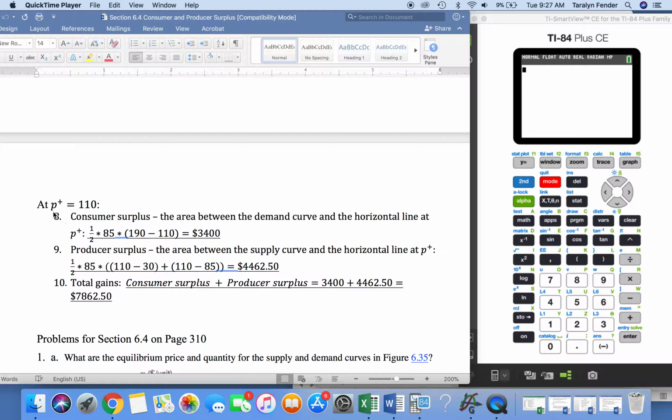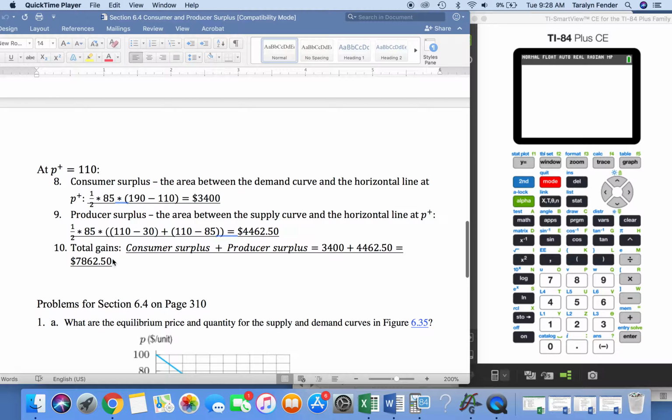Now, if we change it to $110, what does that do? Well, we saw that it changed our quantity to 85 instead of 100, so we have 1/2 times 85 times 190 minus 110. That gives us $3,400. Producer surplus is the area between the supply curve and the horizontal line at the new price. 1/2 times 85 times 110 minus 30 plus 110 minus 85 is equal to $4,462.50.